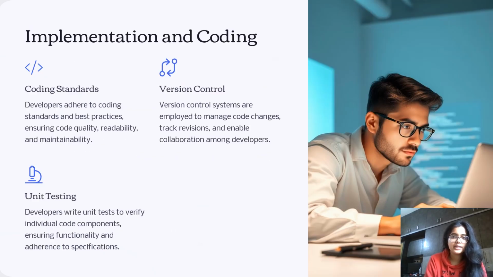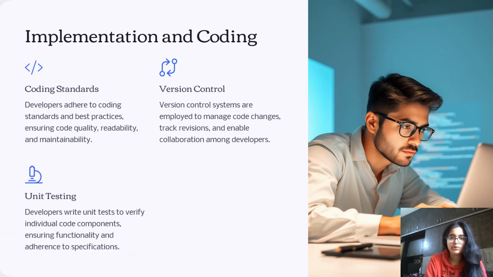Next is implementation and coding. Under this, we'll be learning coding standards, version control, and unit testing. Coming to coding standards, developers adhere to coding standards and best practices, ensuring code quality, readability, and maintainability.